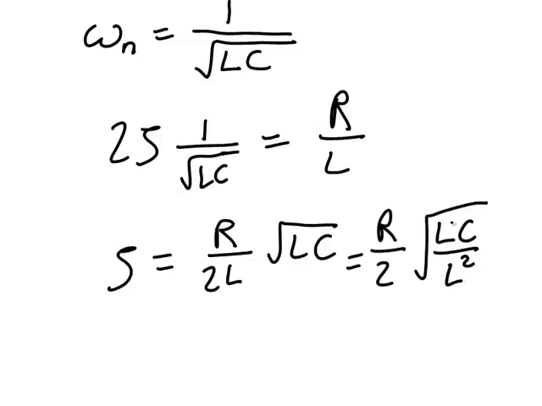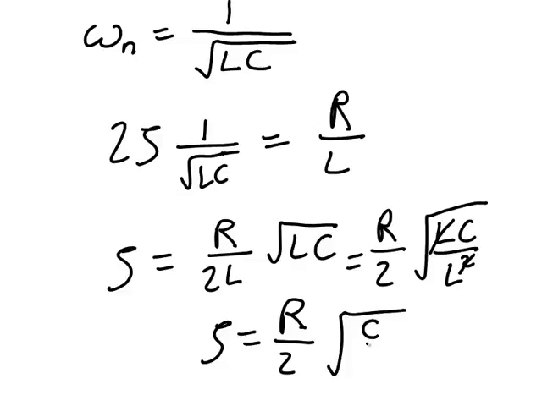Then canceling out one L in the numerator with one L in the denominator. And that tells me that my zeta is equal to R over 2 times the square root of C over L.